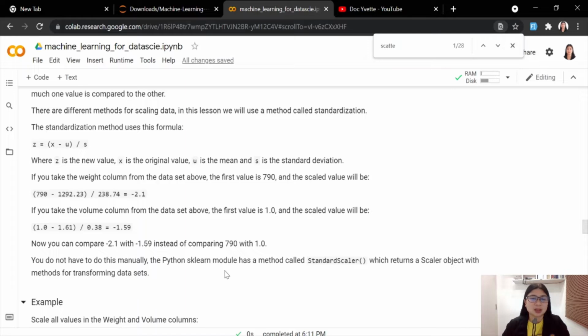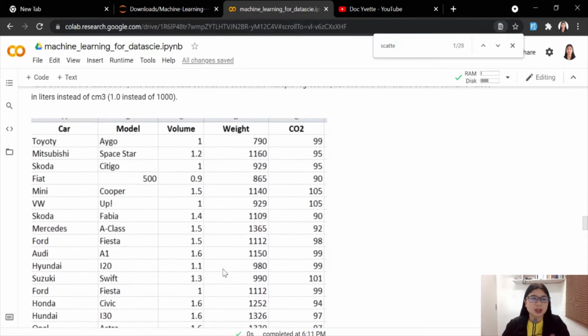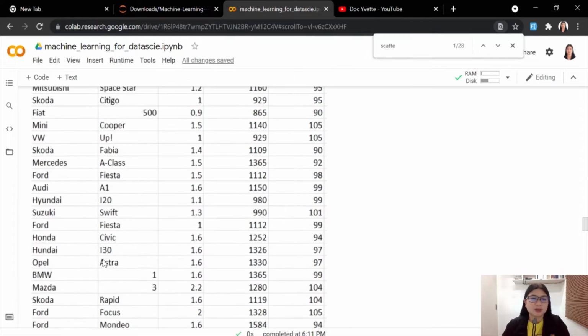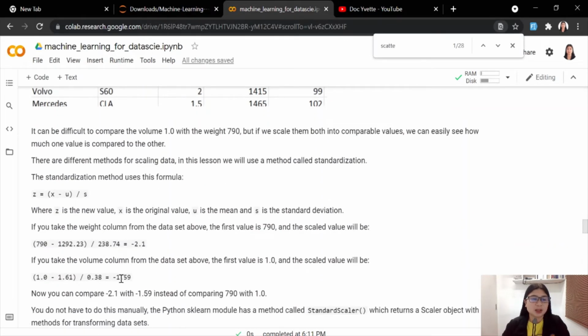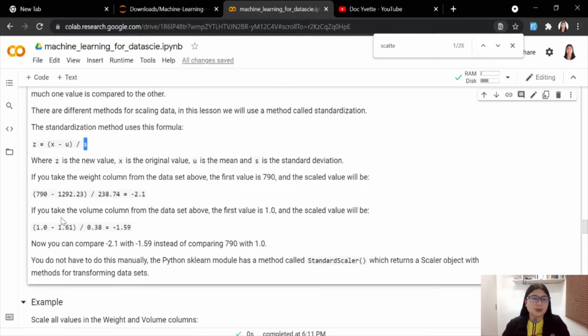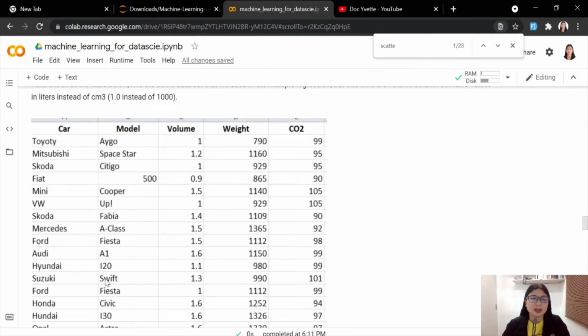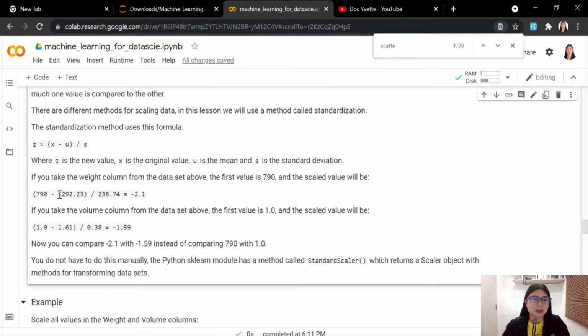Let's compute this, class. The x, or the original value, is 790, u is our mean, and s is the standard deviation. For 790, we will get the mean and the standard deviation.